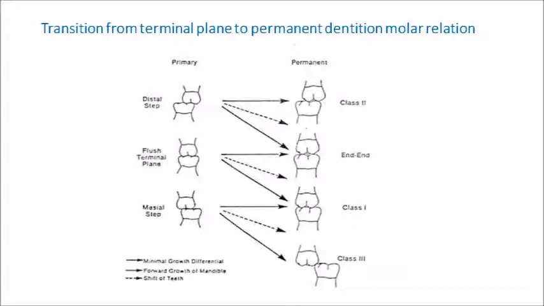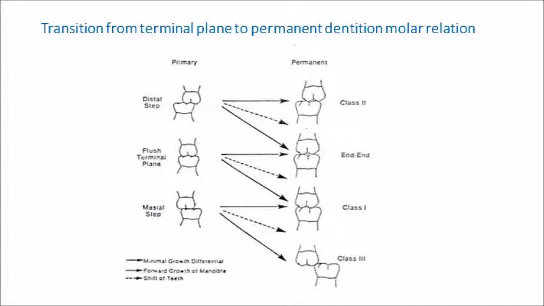Now, the first thing is the distal step relationship. We know how a distal step relationship will look in a primary dentition. Now, this distal step can end up in a class 2 permanent molar relationship if there is a minimal growth differential. So, if there is a minimal growth differential and there is a slight shift of the teeth, this can end up in a class 2 molar relationship.